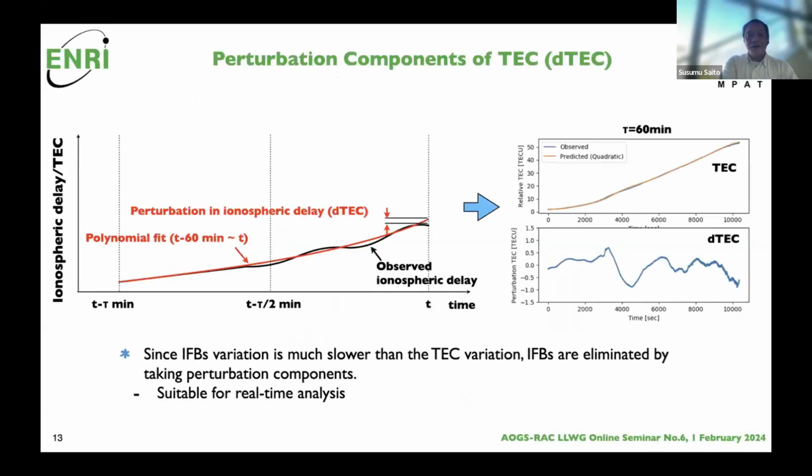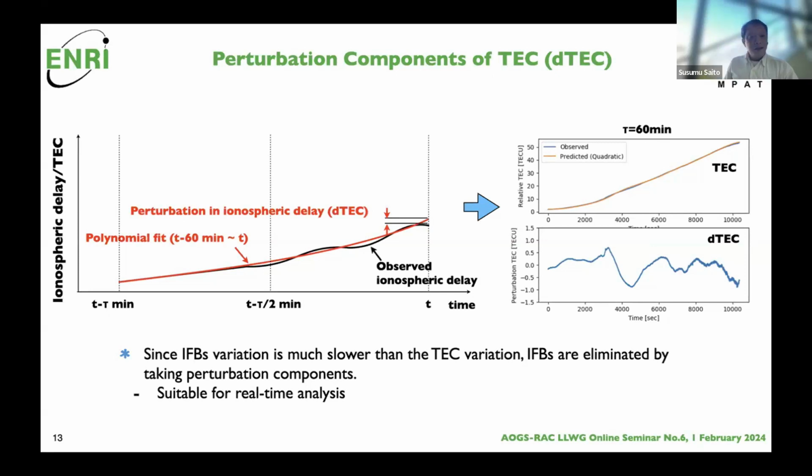So the first parameter is the perturbation component of TEC, which we call DTEC. It is a kind of detrended TEC with a certain time constant.